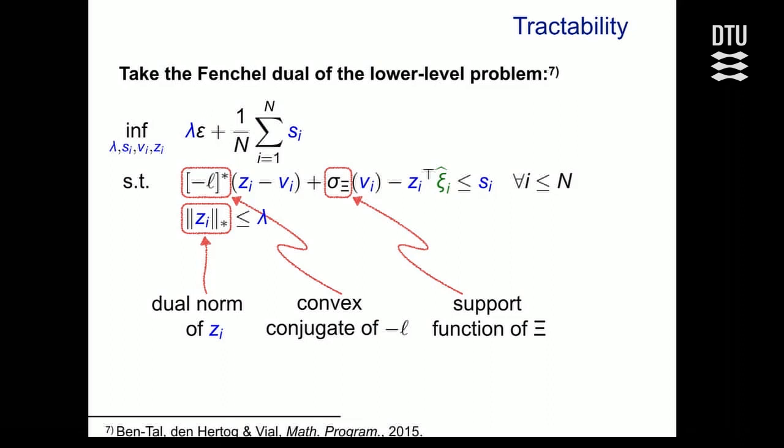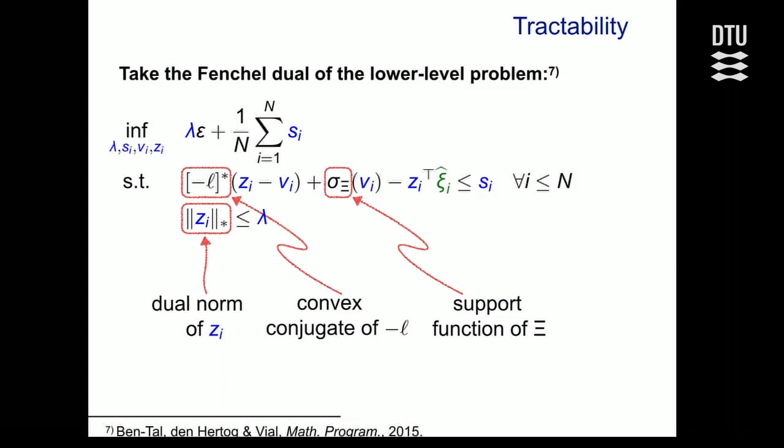What I can tell you is that this is really a finite convex optimization problem. What shows up there is the so-called convex conjugate of the loss function, this minus L with a star. What also shows up is the dual norm of some variable, which we have seen where it comes from. And what also shows up is the so-called support function of our uncertainty set. That's also an object that is studied in convex analysis.